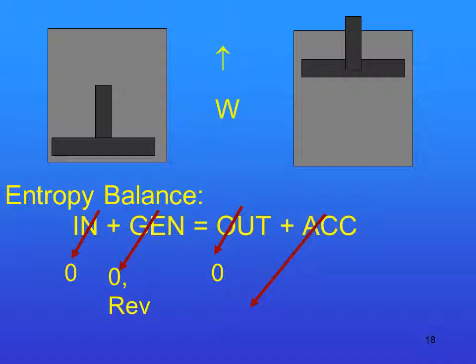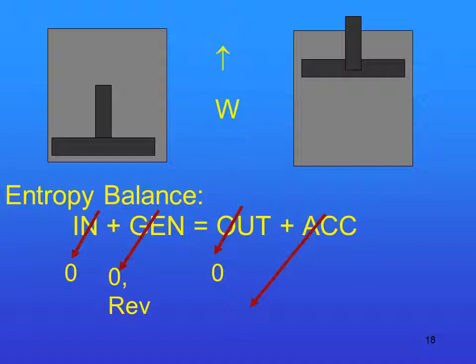There was nothing coming in because there was no heat. It was adiabatic. Nothing generated because it was reversible. Nothing out because the work is going out, but in the entropy balance, work carries no entropy.